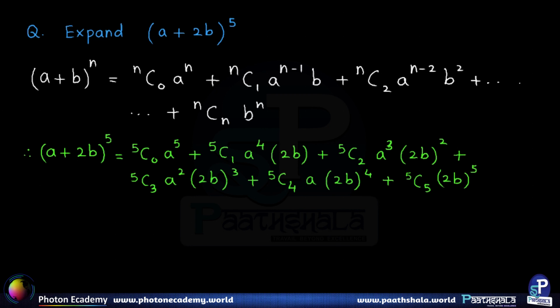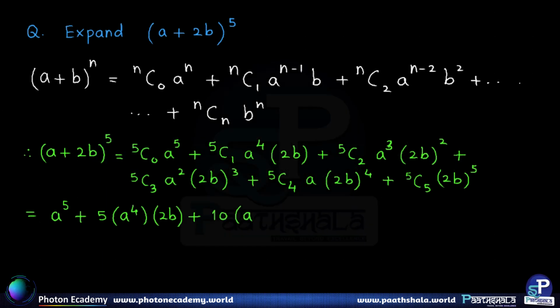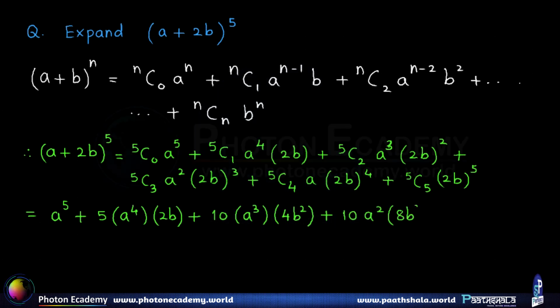So therefore that is equal to, first term is a raised to 5 because 5C0 is 1, then 5C1 is 5, so we have 5 into a raised to 4 into 2b, plus 5C2 is 10, a cube, and (2b) the whole square is nothing but 4b square, plus 5C3 is the same as 5C2 because the coefficients are symmetric, so that will still be 10, a square, and (2b) the whole cube will be 8b cube, plus 5C4 is 5.